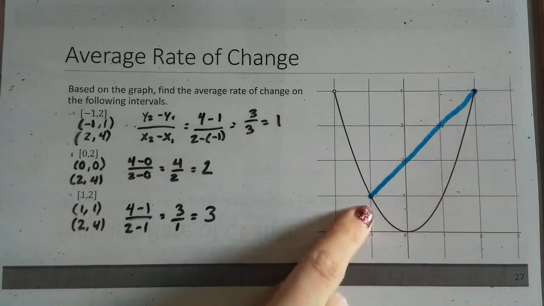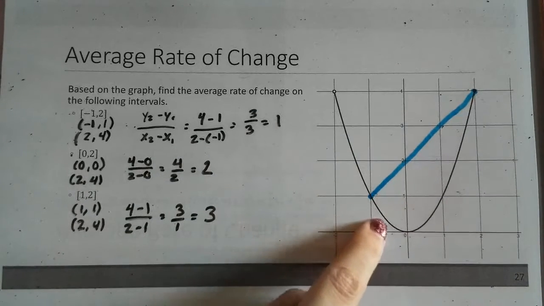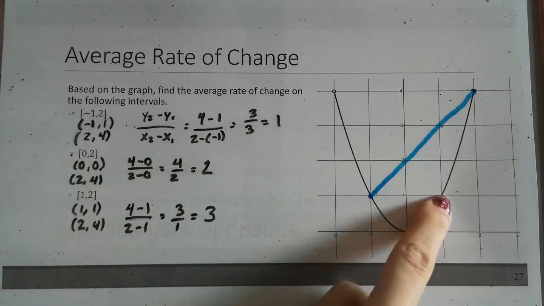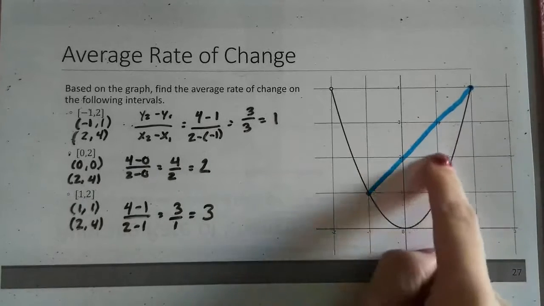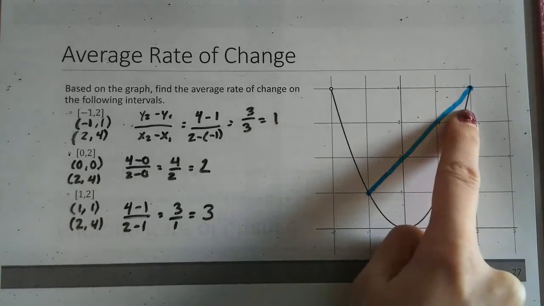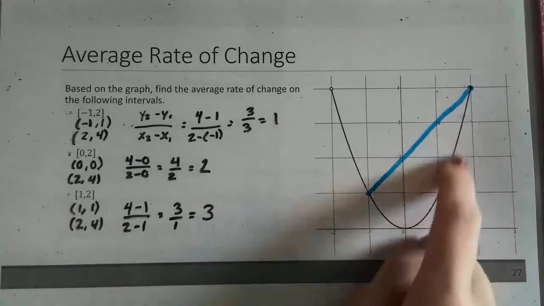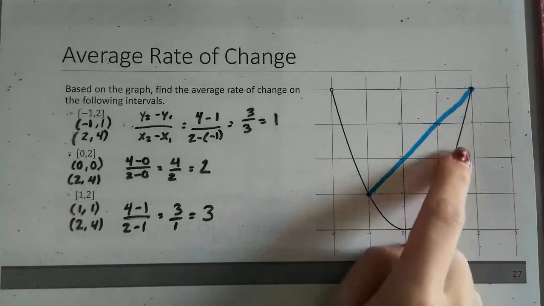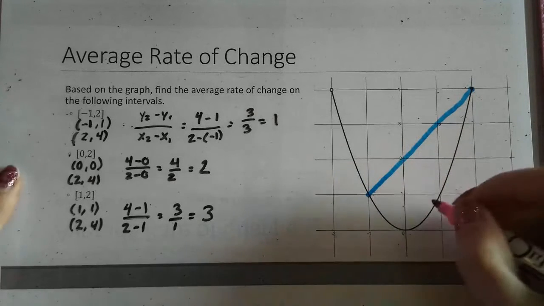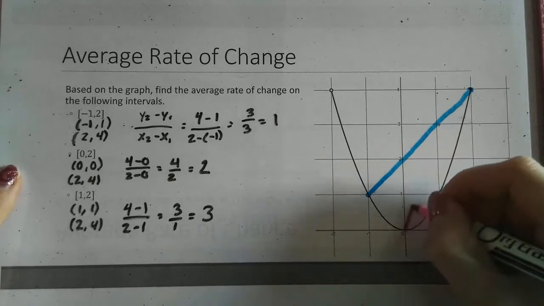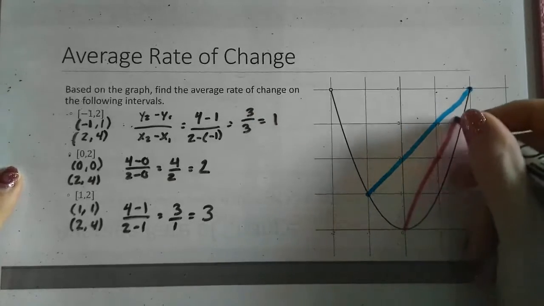No. In fact, I start by decreasing, and then I'm increasing, and then I'm increasing, and then I'm increasing. Over here, I'm getting more and more positive. But if I were to average out all of these different changes, they average out to this average rate of change of 1.